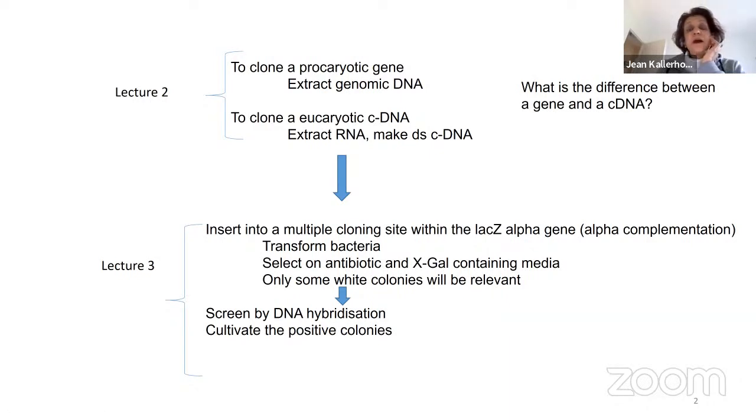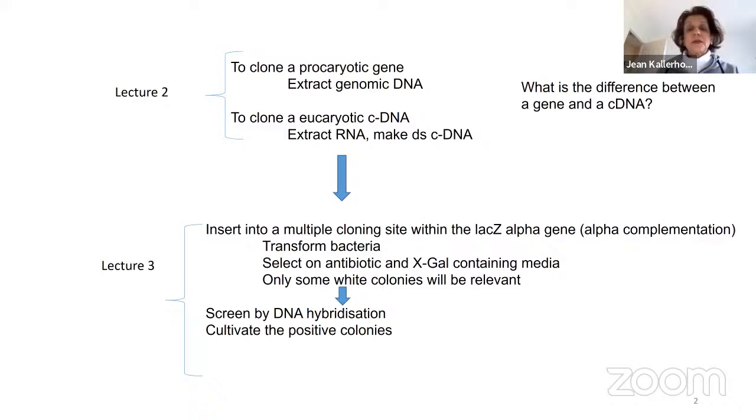So after having got the cDNA or the gene, inserted it into a vector, today we are going to learn how to insert it into a plasmid, then get it into a bacteria.